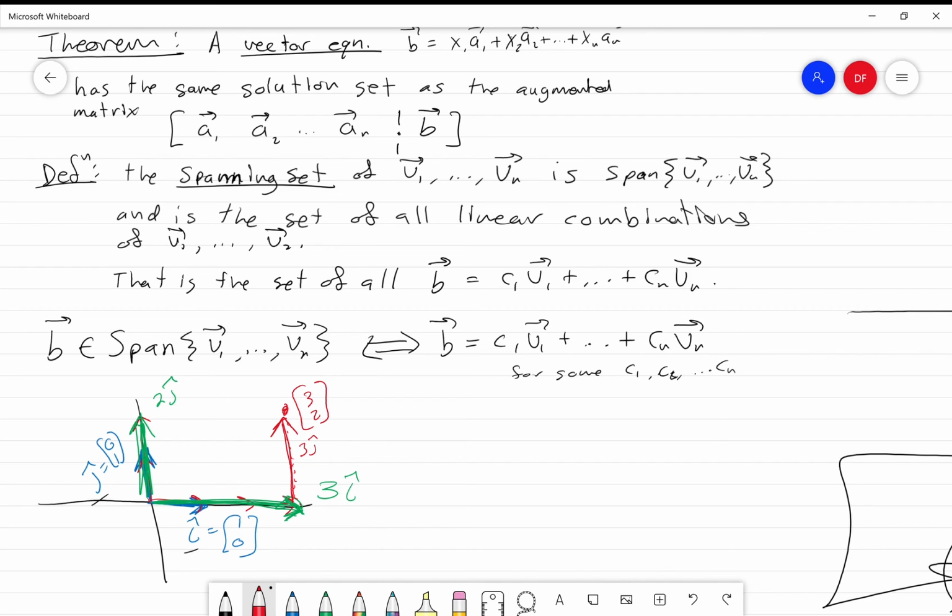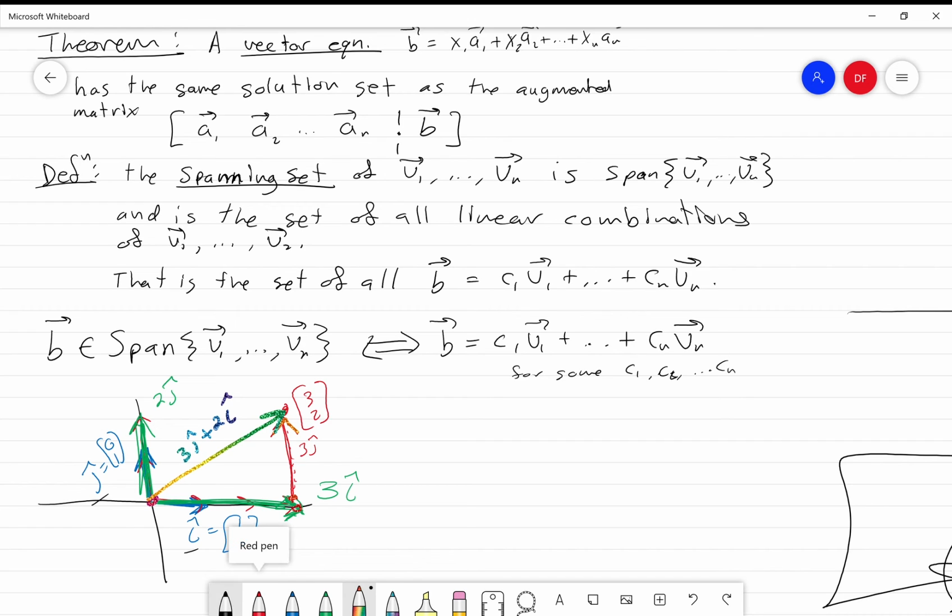And we remember that in vector addition, I have from the beginning to the end, and then from beginning to the end, so I have this vector right here. This is the vector 3 i hat plus 2 j hat. You see?